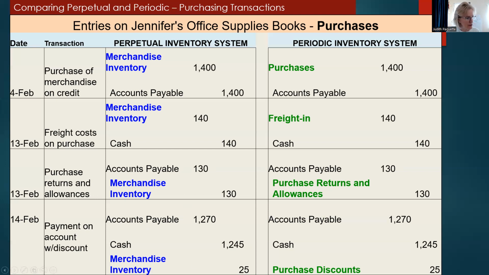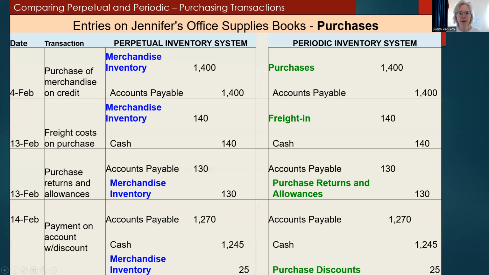And then merchandise inventory is whatever amount that discount is for prompt payment. And then the difference is cash. So the actual cash, when you get a discount, you pay less. And that difference goes to the cost of inventory. And so your inventory cost is 1,400 plus 140 minus 130 minus 25.